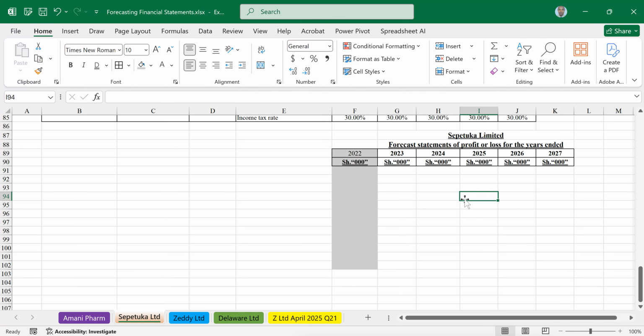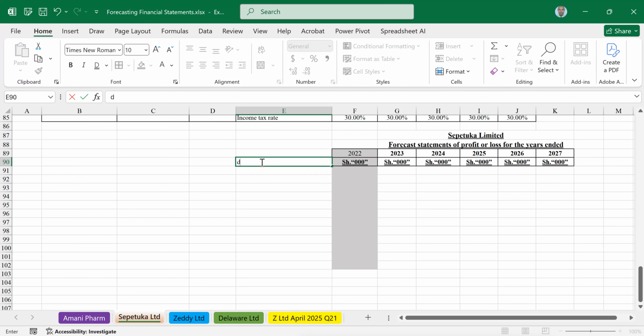Now on to the forecast statement of profit or loss, having already prepared the schedule for the forecast statement of profit or loss. So we have the base year, the year that we'll be basing this on, the 2022 results, then we have 2023, 2024, 2025, 6, and also 7. Here we have the details.